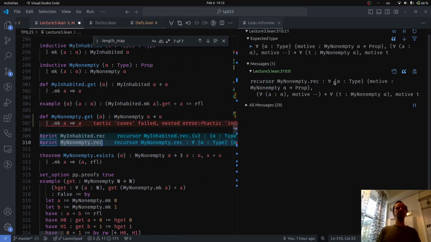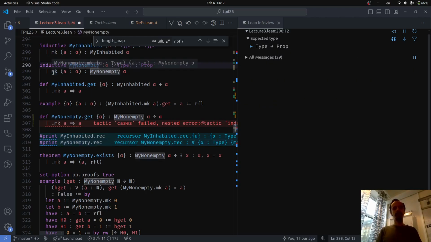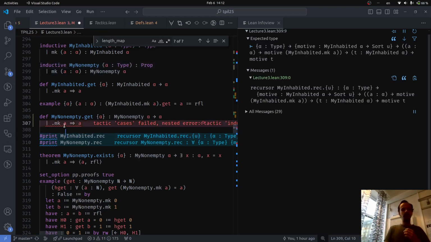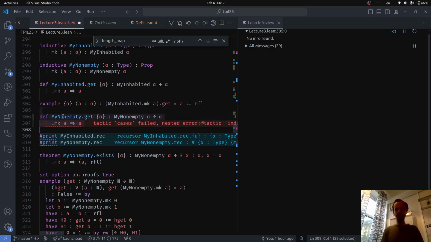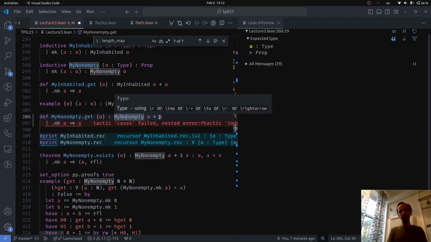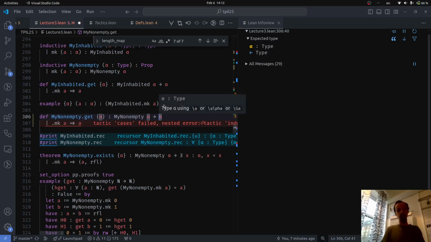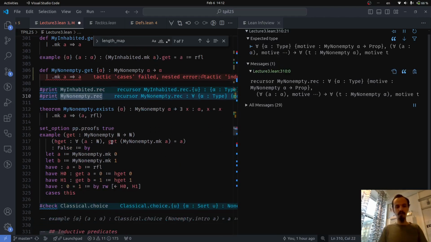And so what that means is when you define this inductive type, you only get a recursor that allows you to construct proofs. So this is a proof thing, and it only constructs more proofs. So I can't construct this get function because the get function returns an alpha, and alpha is a type. It's not a proof. So that fails.